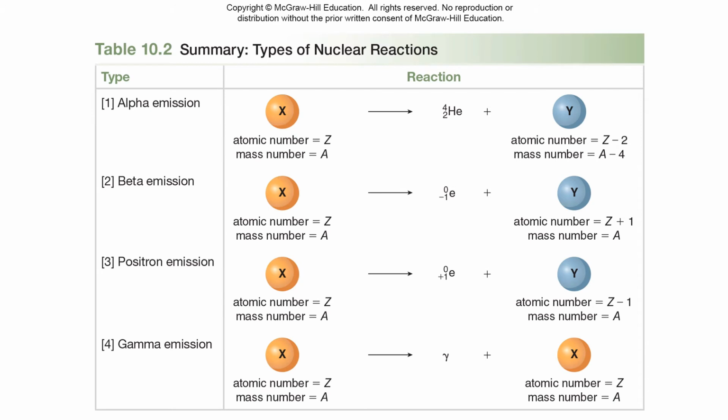This is a lot of information to wrap your head around, so if you're struggling with how do I know if I'm adding protons or losing neutrons or what's going to go on, this table is a great summary. It's table 10.2 from your book, and it gives you an idea.